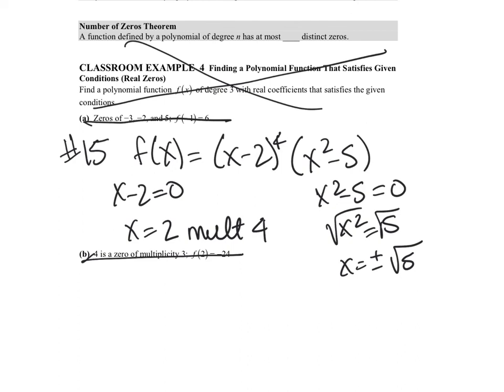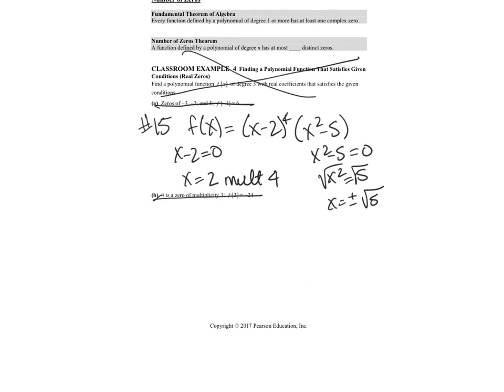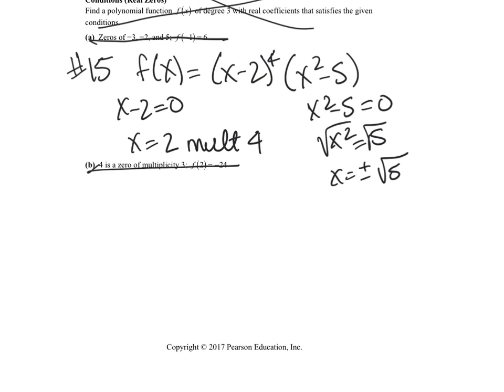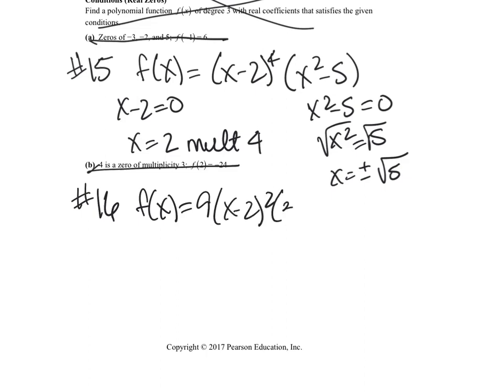And then for number 16, f of x equals 9 times x minus 2 squared, 3x plus 1, and x squared minus 9. This is an example of 15 and 16. You may have different numbers.